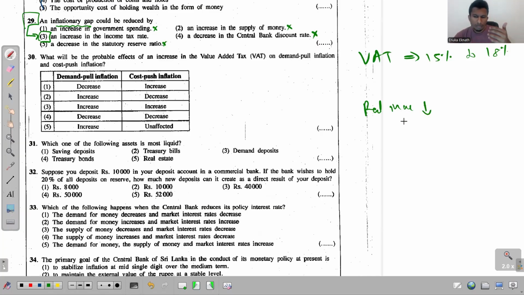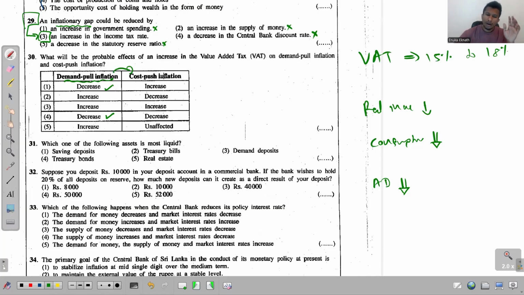If not, simply purchasing power decreases. When purchasing power decreases, what happens to the consumption? Even consumption decreases. When consumption decreases, what happens to the aggregate demand? Aggregate demand is decreased. If the aggregate demand decreases, what happens to this demand pull inflation? That will definitely decrease. So one of these two must be the answer, but we'll look at the other side as well.